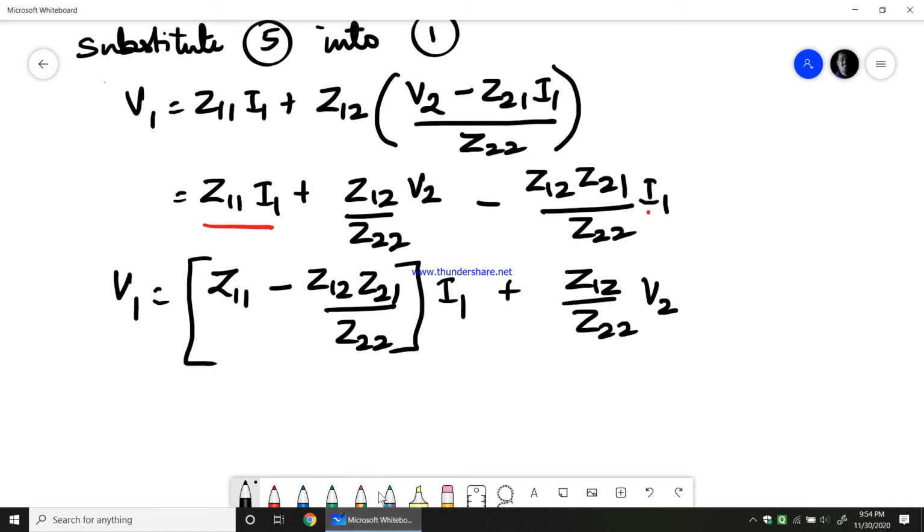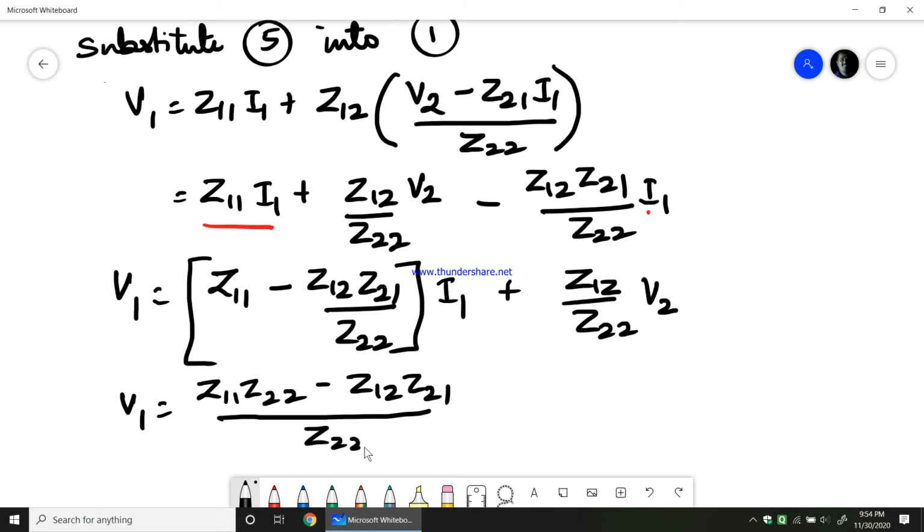So V1 would be equal to Z11 Z22, taking the LCM, minus Z12 Z21 divided by Z22 I1, plus Z12 by Z22 V2.